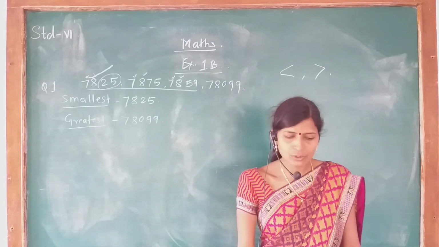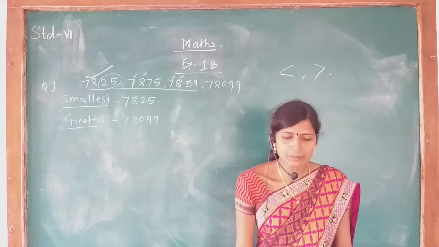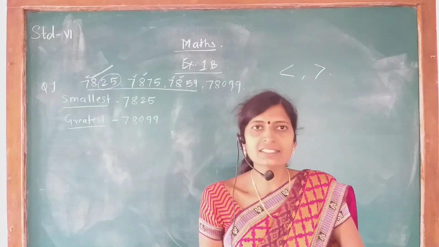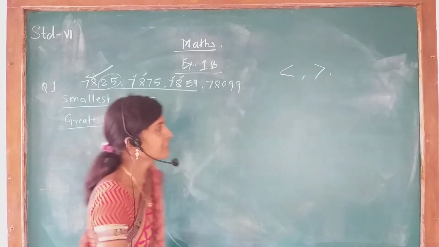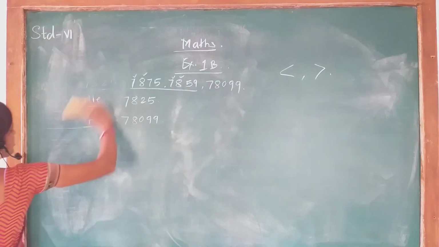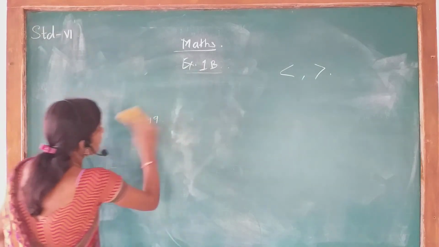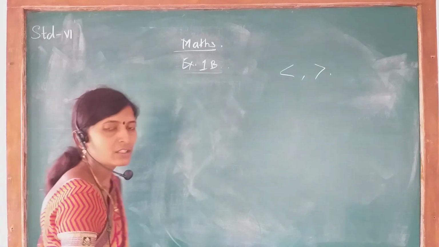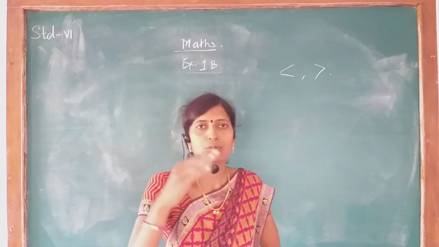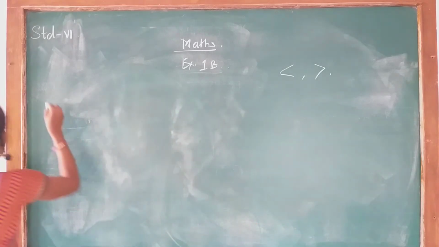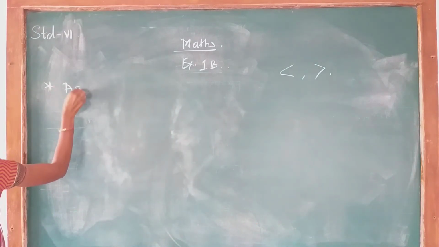See third and fourth question. Arrange the following numbers in ascending and descending order. All of you know that from first standard we are studying ascending and descending order. What is meant by ascending order?